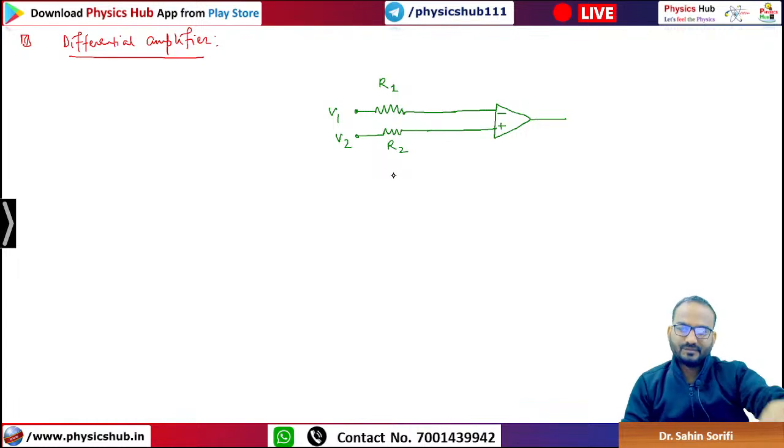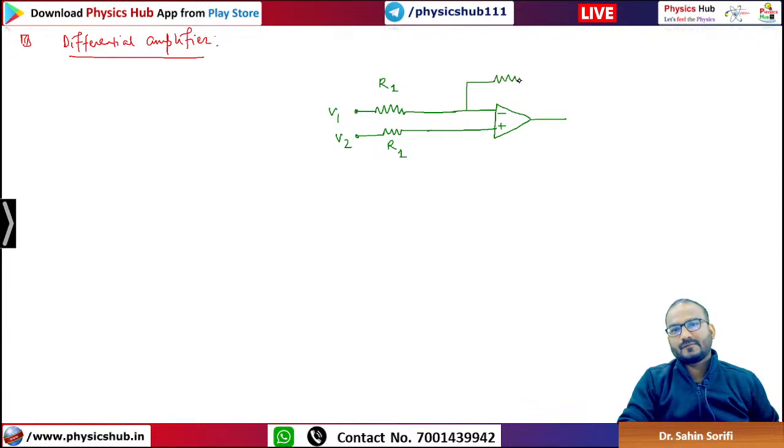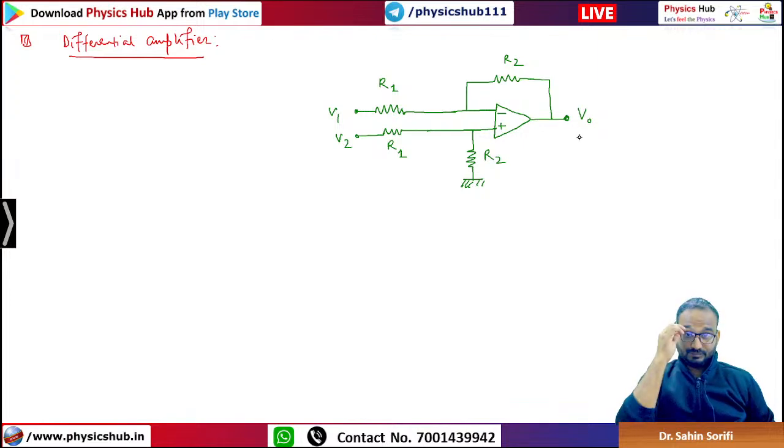Let's take R1 as well. This is R2. And the twist is here, another resistance, that is R2. From here you are taking the output.